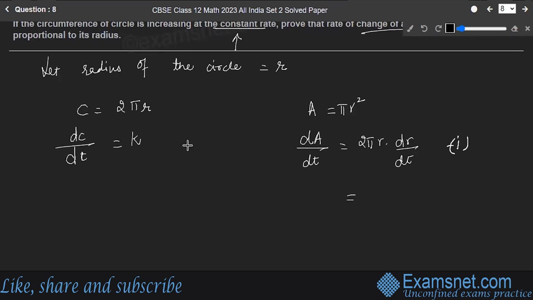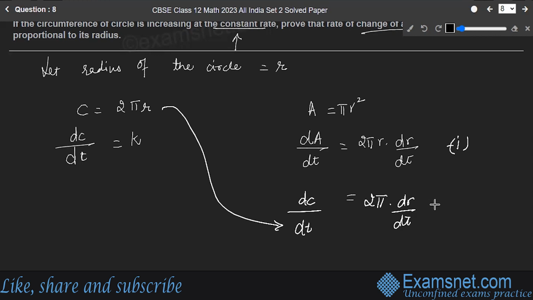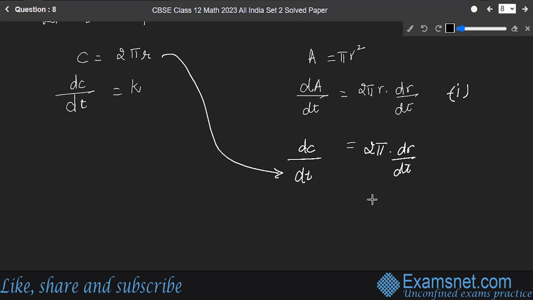What will dC upon dt be from here? That will be given by 2 pi dr by dt. Now 2 pi dr by dt, that's equal to k.